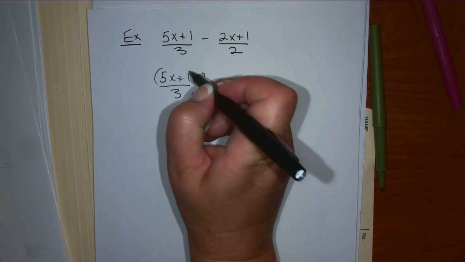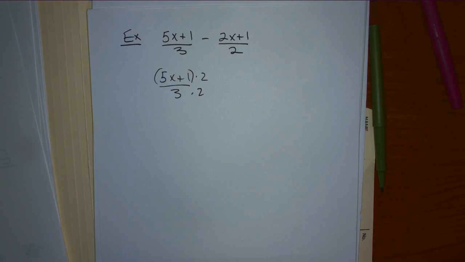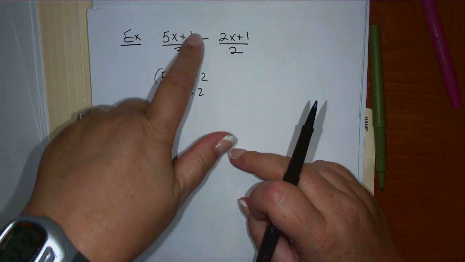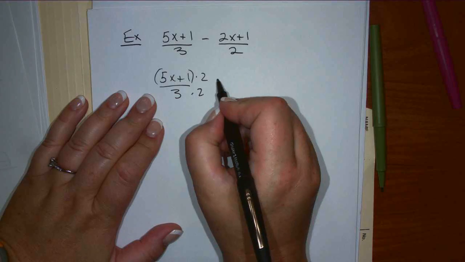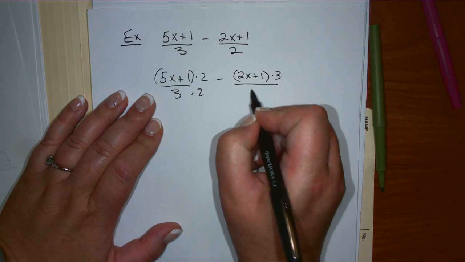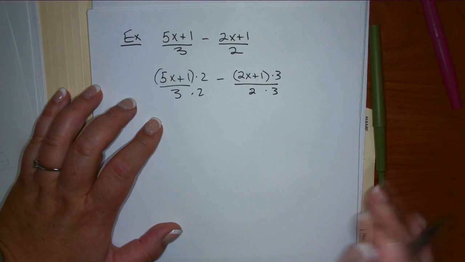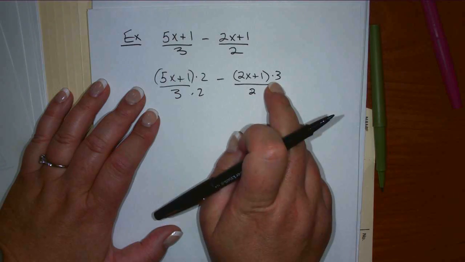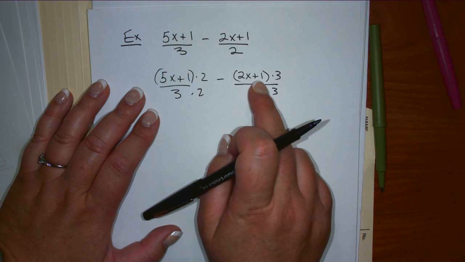Because it's factors. So we had one thing on top, which was 5x plus 1, that was one thing, and we're going to multiply it by 2, so that it's still the same fraction. Over here, we're going to multiply it by 3. There was already a 2, and we're going to multiply by 3 on top and bottom. But again, it's the 2x and the 1 that we're multiplying by 3.